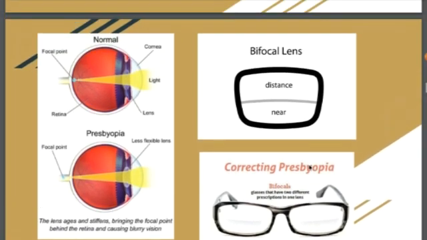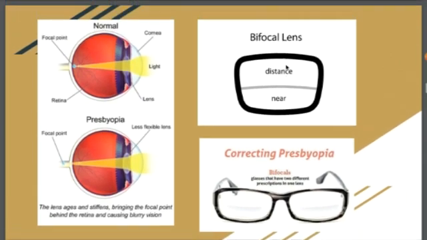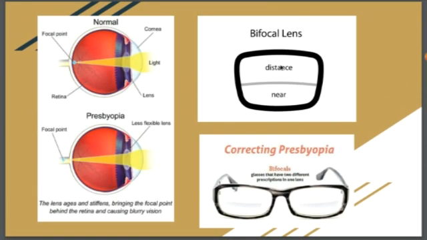To rectify this, we use a bifocal lens. On the top we have a concave lens which can see faraway objects, and below we have a convex lens which can focus nearby objects. So both defects can be rectified when we use a bifocal lens.